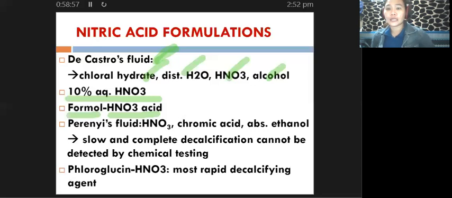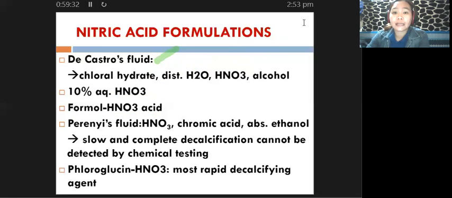Thus, it is recommended for urgent work, since it is a rapid-acting decalcifying agent. Washing of tissues and washing of sections for your fluoroglucine nitric acid is the same as that of the other nitric acid formulations. All right, so I hope you are able to correlate the factors that I discussed a while back as to the different characteristics of your specific decalcifying agents.